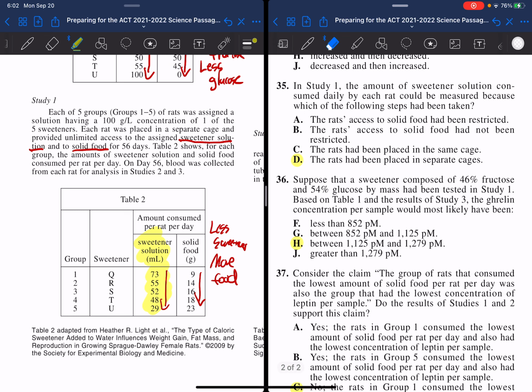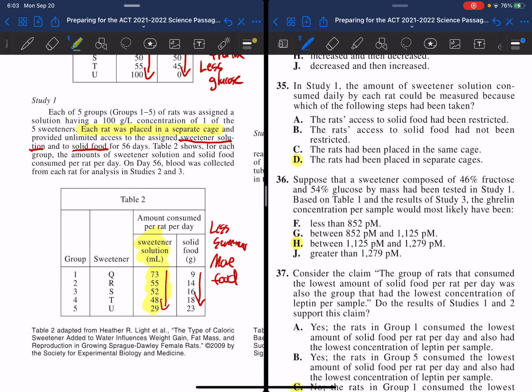For 35, that question asks, in study number 1, the amount of sweetener consumed daily by each rat could be measured because which of the following steps had been taken? So this is not a measurement, this is a design question. In order to look at the design, you have to look at the instructions. The instruction says each rat was placed in a separate cage.